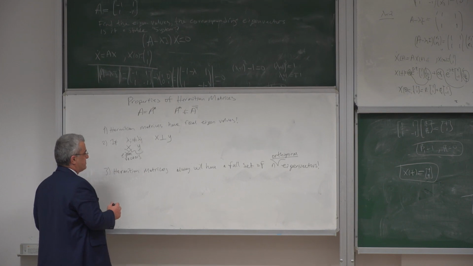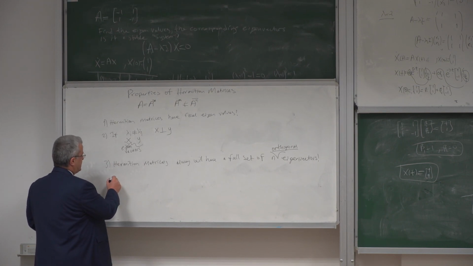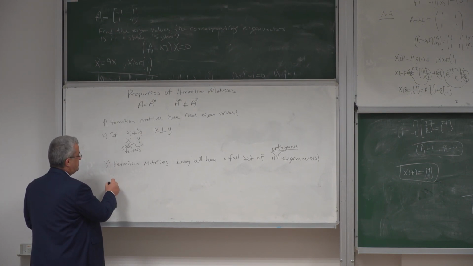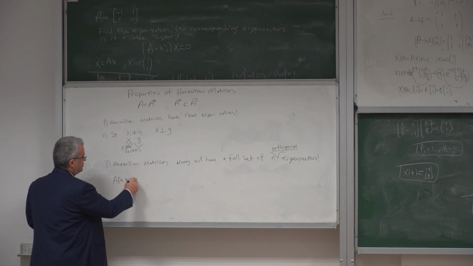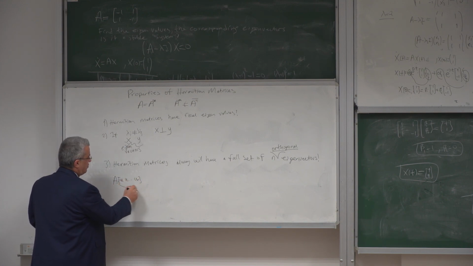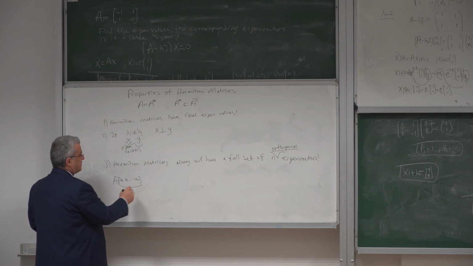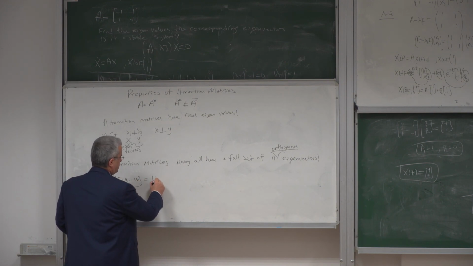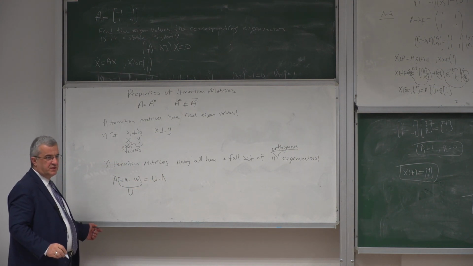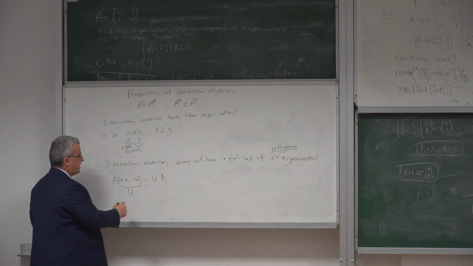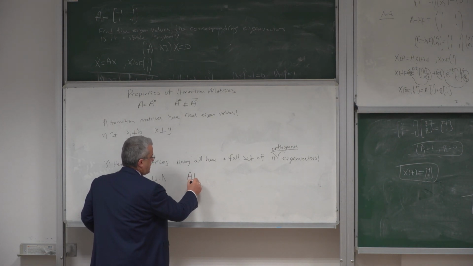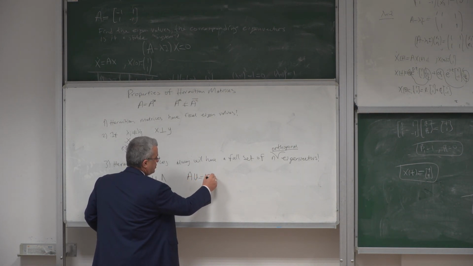So that means this three says a Hermitian matrix can be written like this: U1, U2, up to Un. Call this U, times lambda, okay? So AU is equal to U lambda.